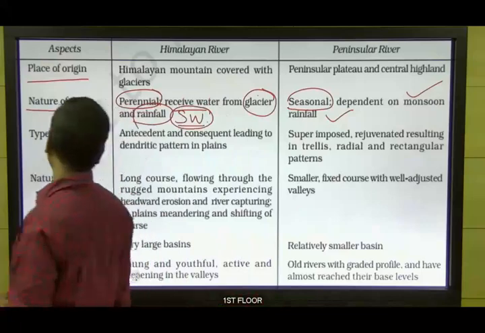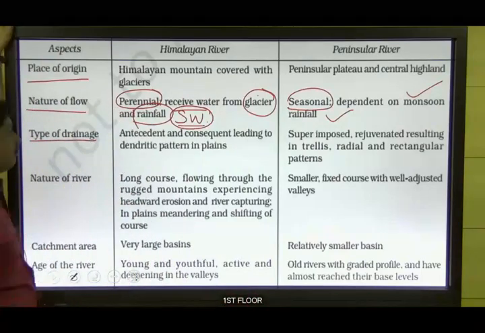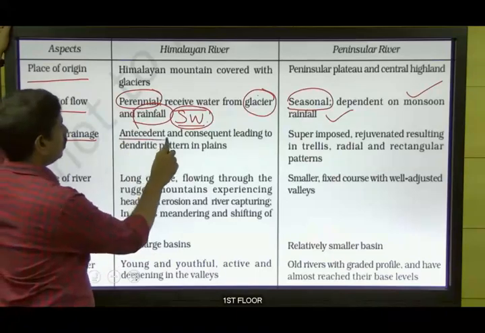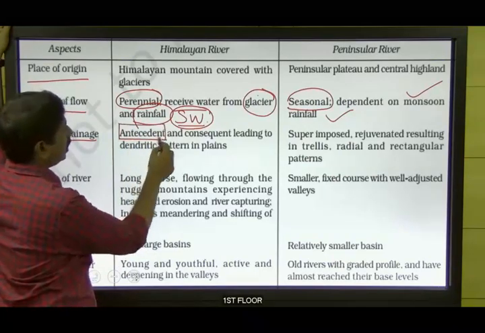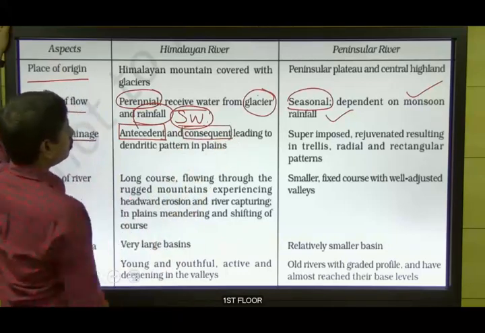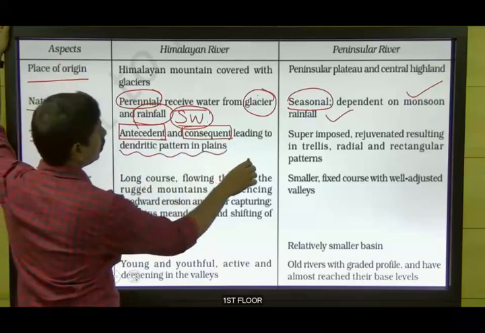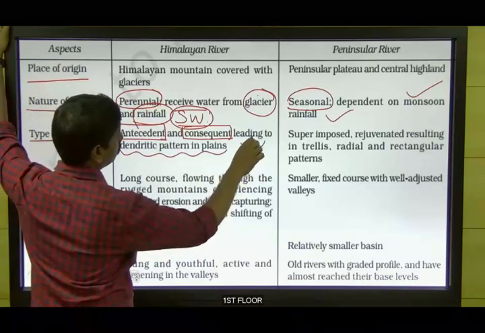The peninsular river. Type of drainage. Most of the rivers show antecedent and consequent drainage, leading to a dendritic pattern. I told you the dendritic pattern is like a tree.